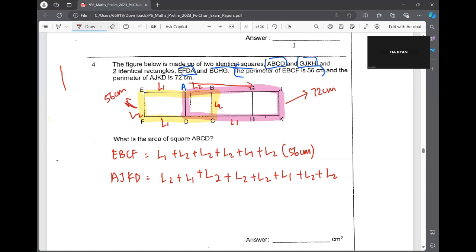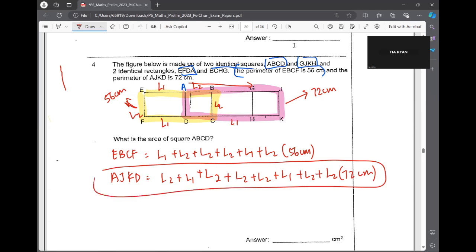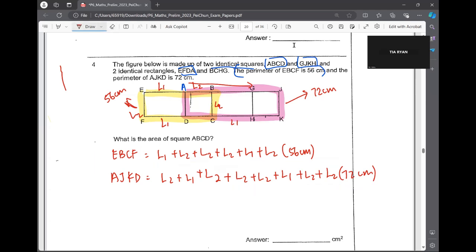There's some overlapping part, so we can cancel them. We take the total of this minus the total of this, and we'll get the overlapping part, or the extra.